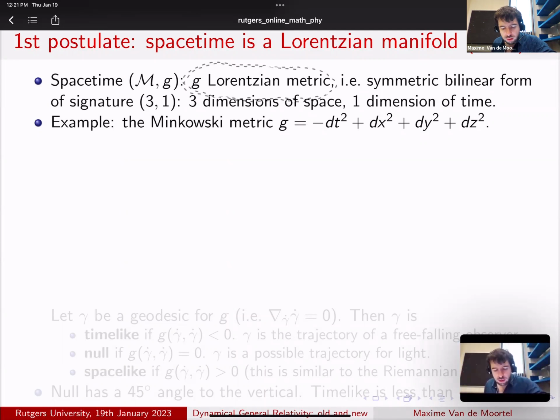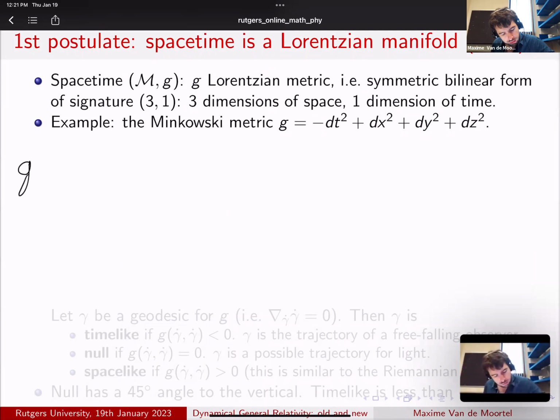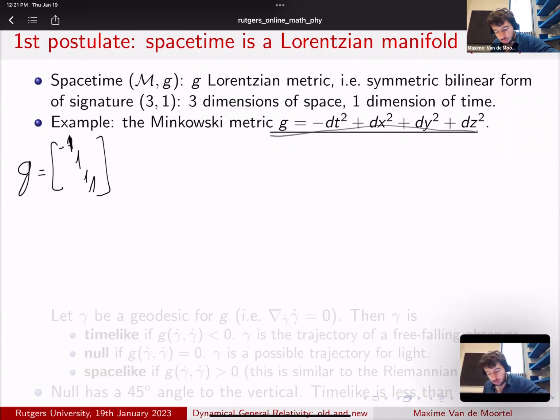You can think of it as a sort of matrix with 3 positive eigenvalues and 1 negative eigenvalue for the dimension of time. For instance, you can think of the matrix diag(-1, 1, 1, 1), which is an example of a space-time, and that's actually what's called the Minkowski metric. It's probably the most important solution in general relativity.